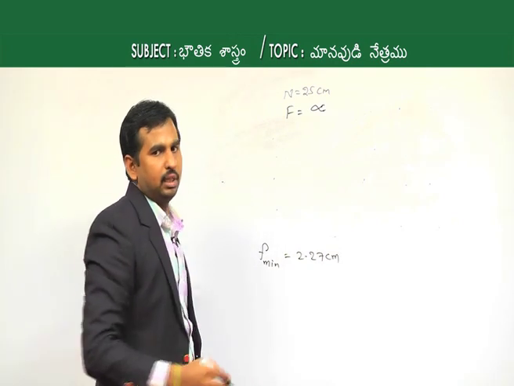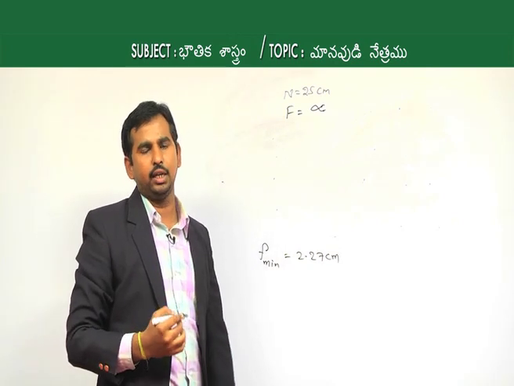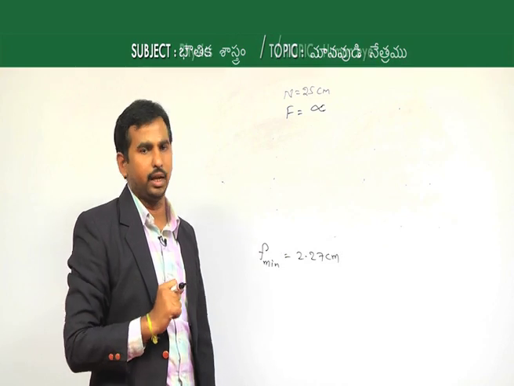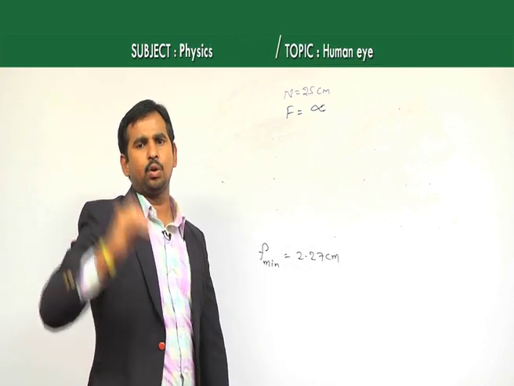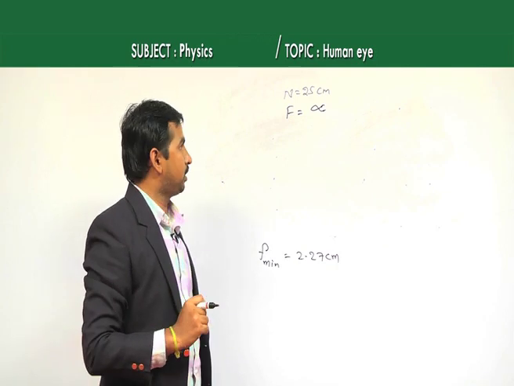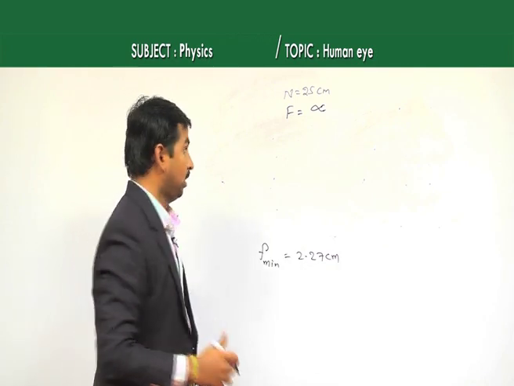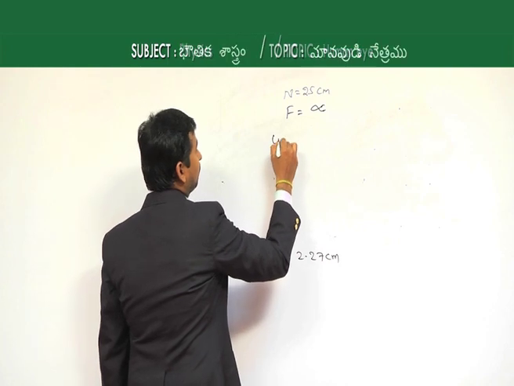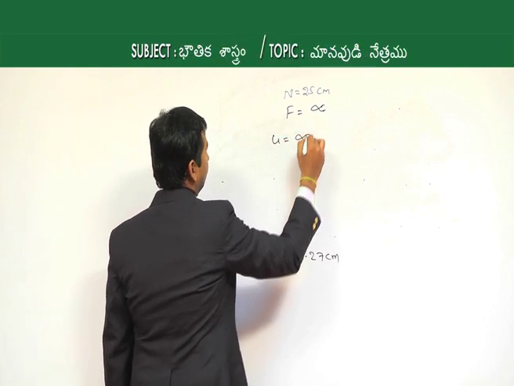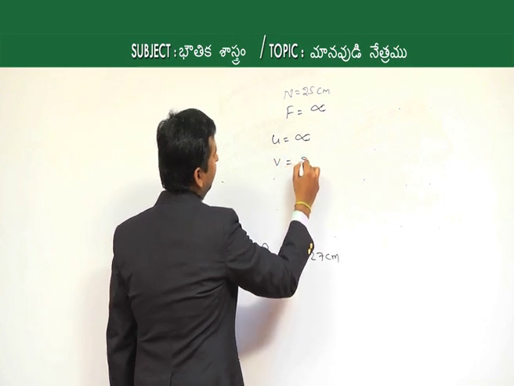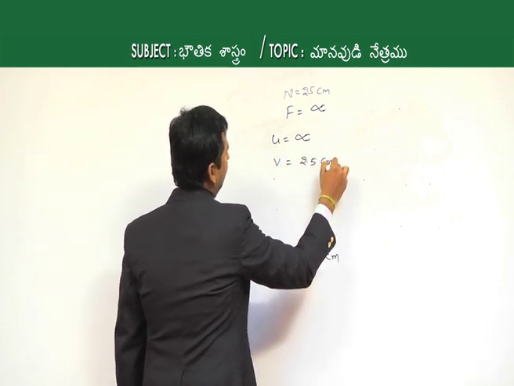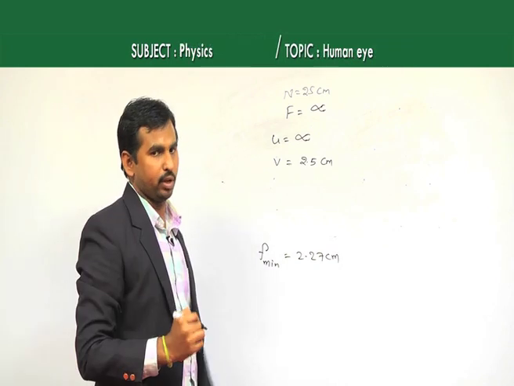Near point means the near distance where we can see the object very clearly without straining the eyes. Far point means the object is at a very far distance. Let us imagine that is infinite. So, now the object is at far distance, infinite, and the image is again forming on our retina, which is 2.5 centimeters, an average value.